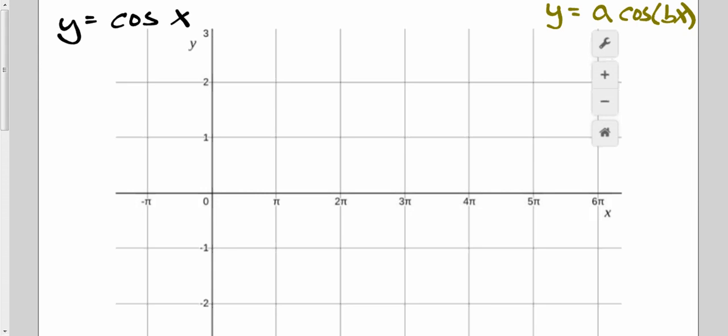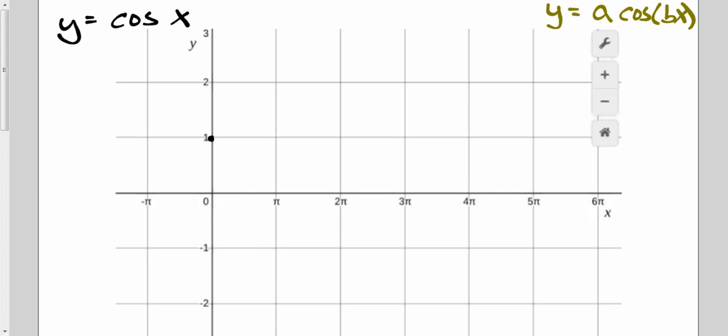If you refer back to your unit circle, you will know that when x is 0, and again, we're in radian land right now, the cosine of x is 1. So I put a dot at the coordinates 0, 1.